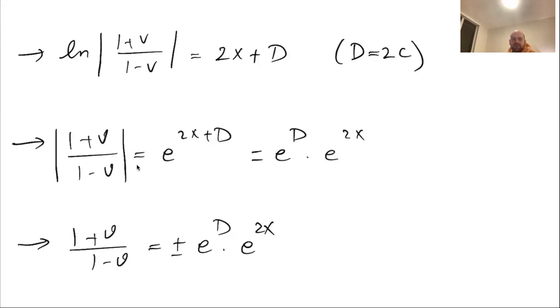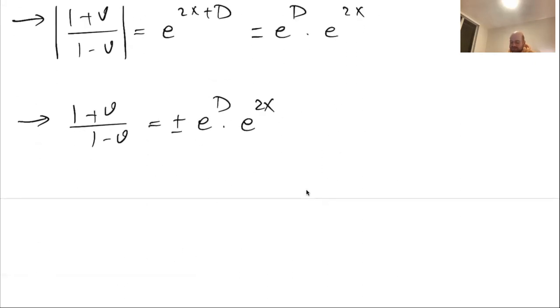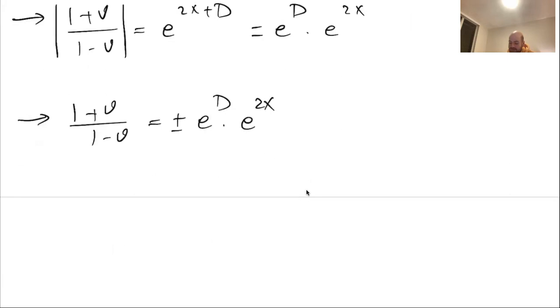And now the absolute value of this guy is equal to this expression. So this guy here will be plus minus this expression. And then plus minus e to power d, I can call it f. Then I'll have f e to power 2x.